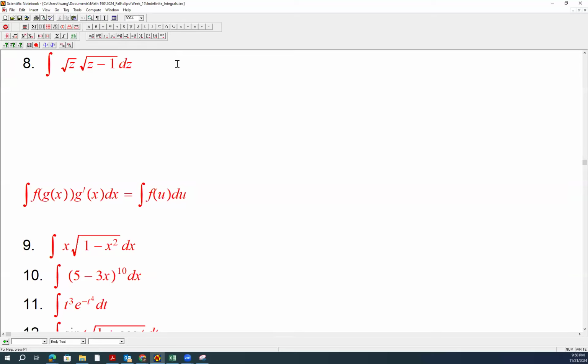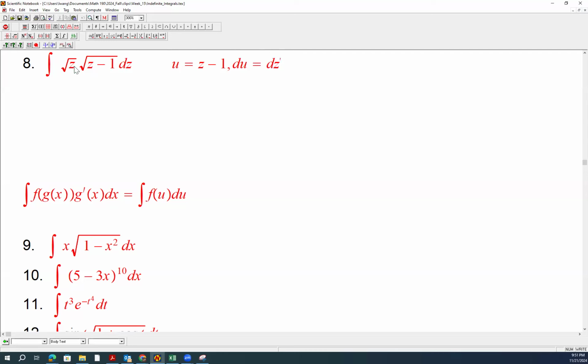All right, so in this case, we got root z multiplied by root z minus 1 dz. So let's try to introduce u equals z minus 1. In that case, of course, we got du equals dz, the same thing.